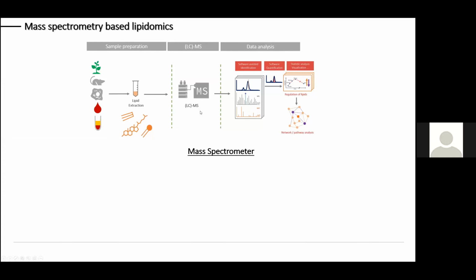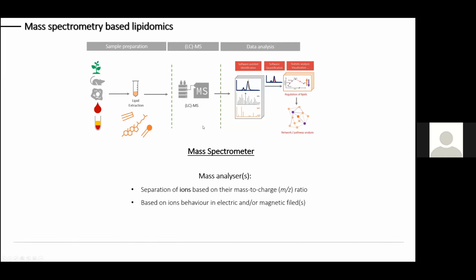The key component or instrumentation in all of those experiments is mass spectrometry itself. A mass spectrometer consists of different components, and of course the main one is the mass analyzer, which allows us to separate ions of our analytes, lipids in our case, based on their mass to charge ratio. The key word here is probably ions, because we perform this mass analysis, or separation based on mass to charge ratio, by manipulating ion behavior in electric or magnetic fields.